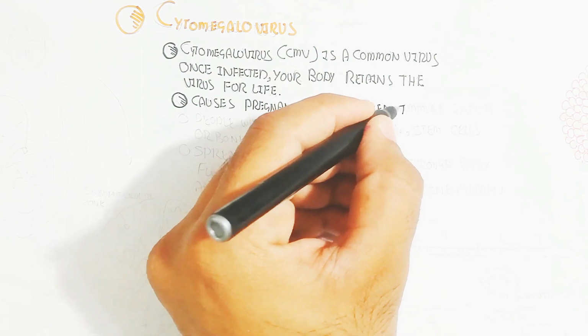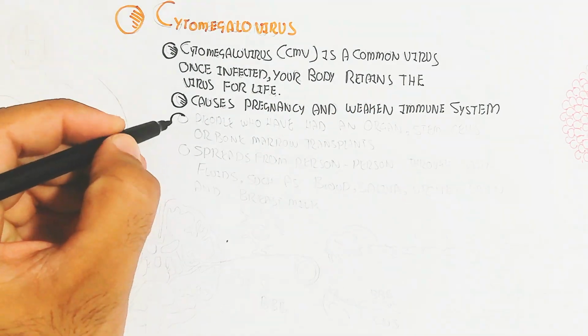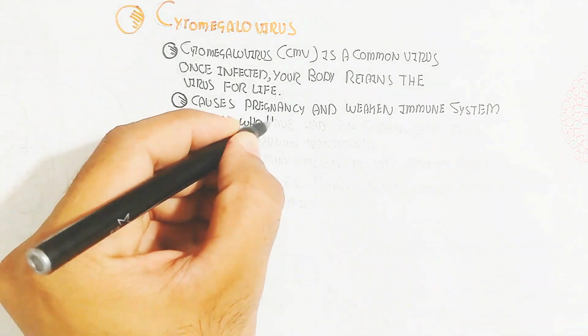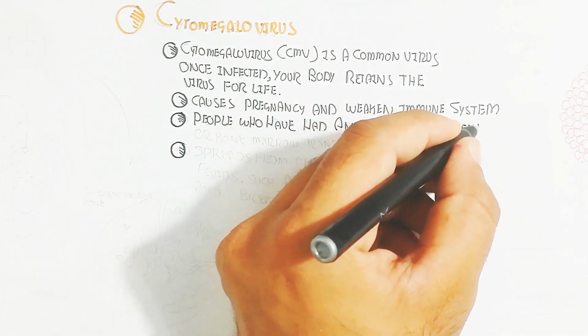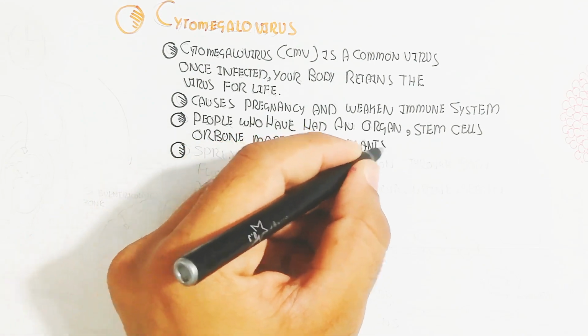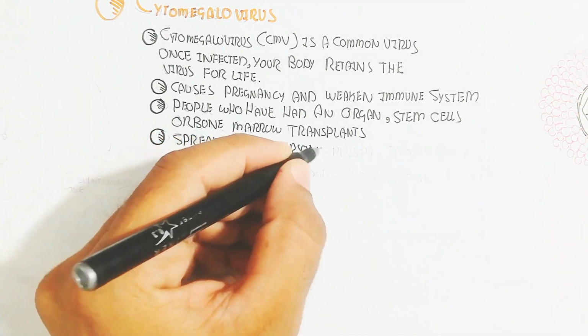People who have had organ, stem cell, or bone marrow transplants can have the virus replicate. Remember that natural killer cells will combat it and clear the pathogen, but a weak immune system lets the virus progress.